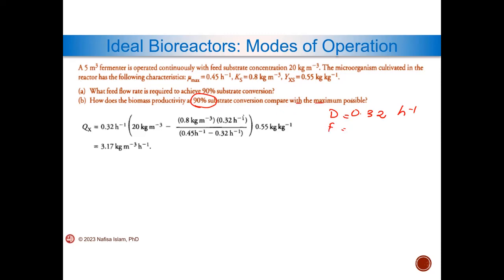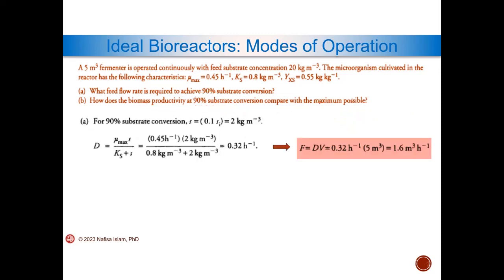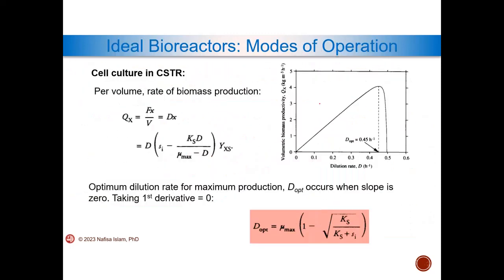Compare with the maximum possible. So what did they just say? The biomass productivity at 90% conversion. Now we are having some sort of conversion, but that may not be the maximum possible because we have a separate equation for our optimum dilution rate. So let's look at that.